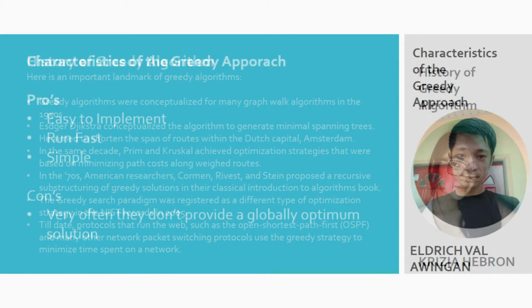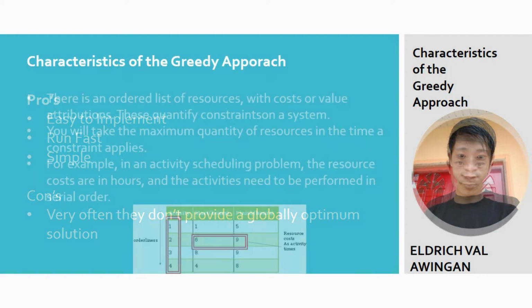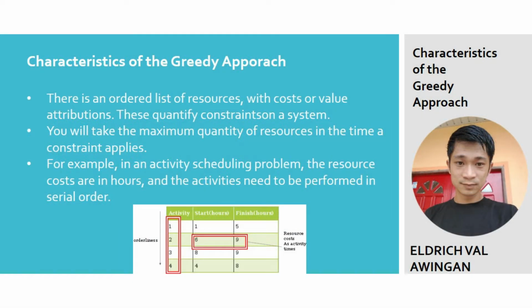Greedy algorithms, pros and cons. Pros: simple, easy to implement, and they run fast. Cons: very often they don't provide a globally optimum solution. There is an ordered list of resources with cost or value attributions.